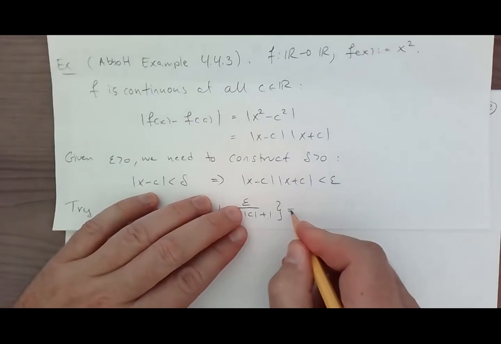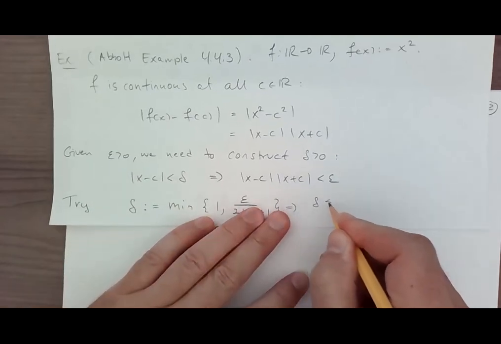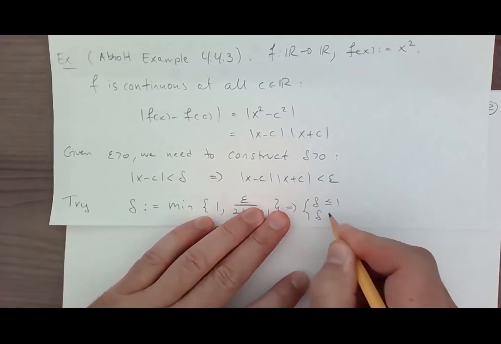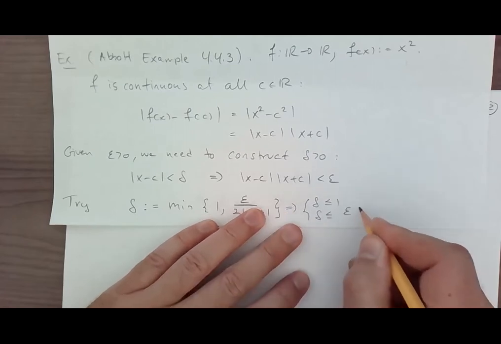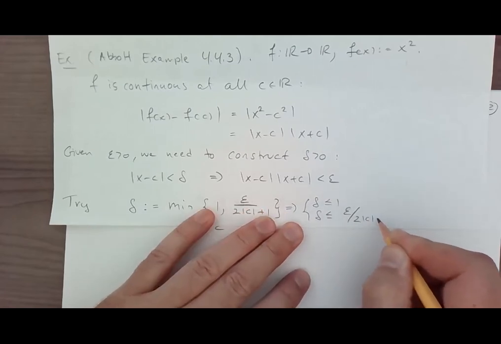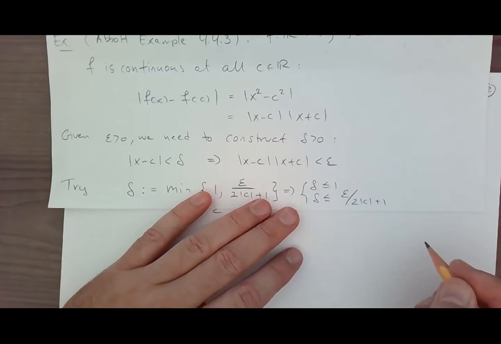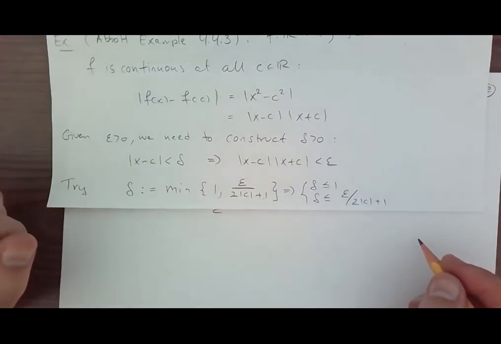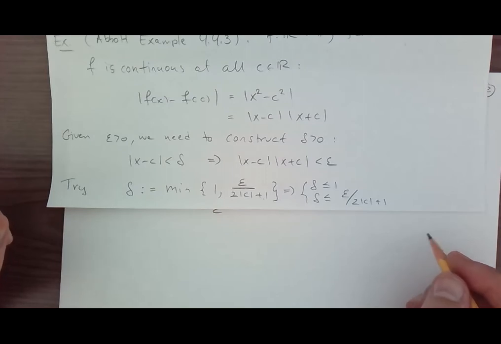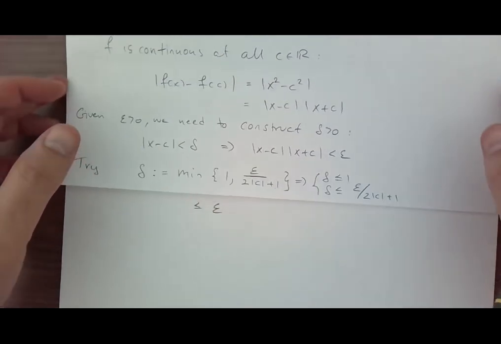So this implies in particular that delta is less than 1 and delta is less than epsilon over 2 absolute value of c plus 1, because it's the minimum of the two. Okay, does it make sense, Priya?